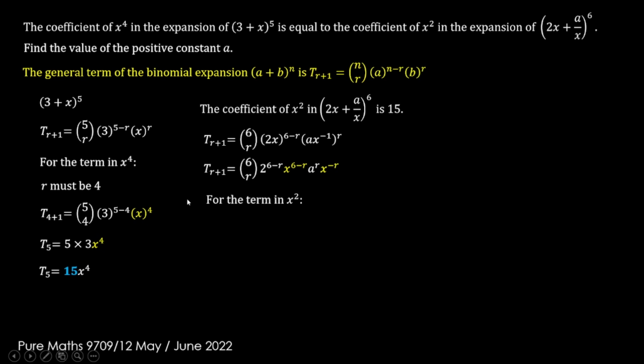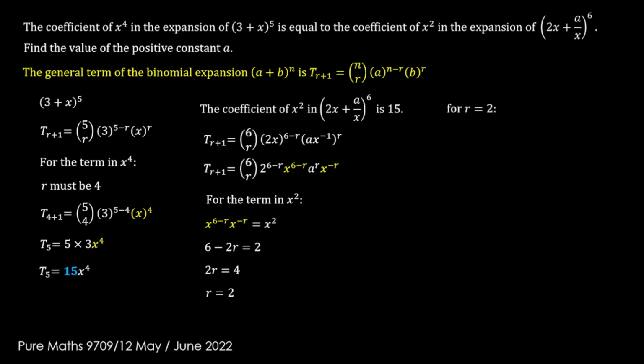And for the term in x^2, we are interested in the x parts only. So we have x^(6-r) times x^(-r). Now that power must equal 2. So we have 6 minus 2r equals 2. So we have 2r equals 4, so r equals 2.